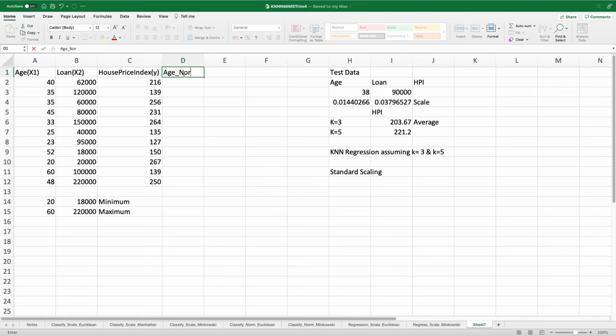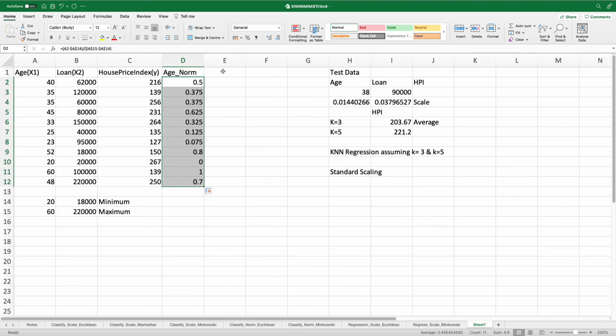Age underscore norm is equal to open bracket x minus x min, fix it, divided by x max minus x min, close, enter, and then you can drag it down.